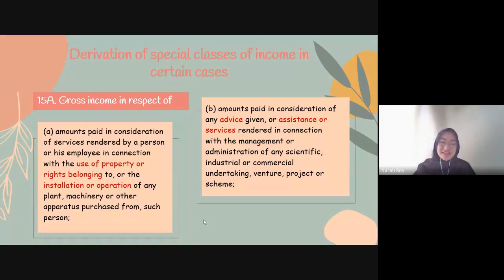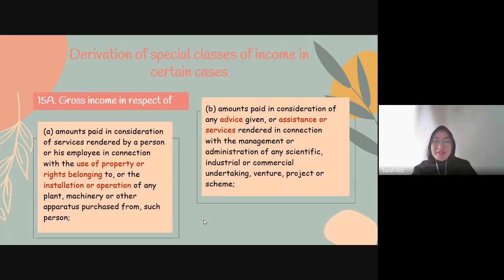This derivation lies in section 15A, where the gross income in respect of the amount paid in consideration of services rendered by a person with the use of property or right belonging to, or the installation or operation of any property, machinery, or any other apparatus from the company.